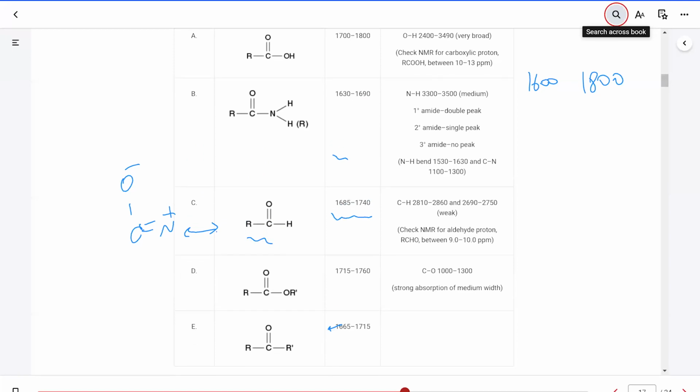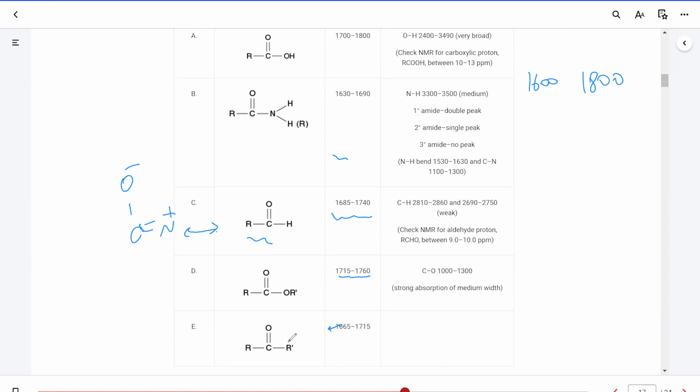The exact location varies based on the groups around it. If you have an electron withdrawing group attached to the C=O, it shows at a higher number, so for ester we have around 1,730 to 1,740.